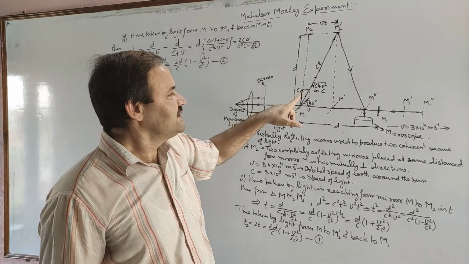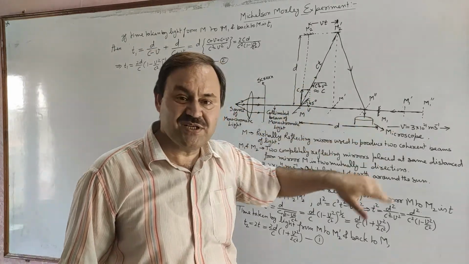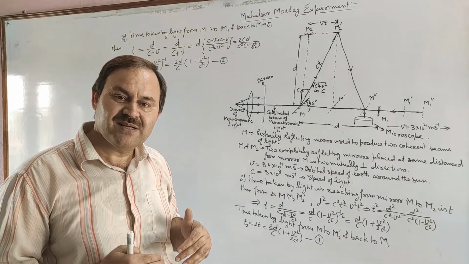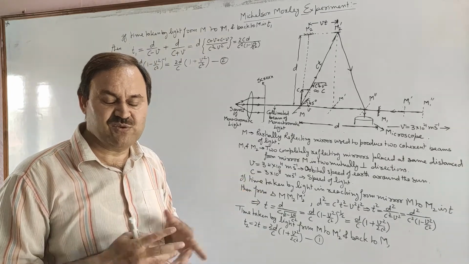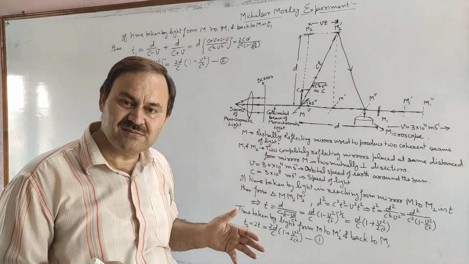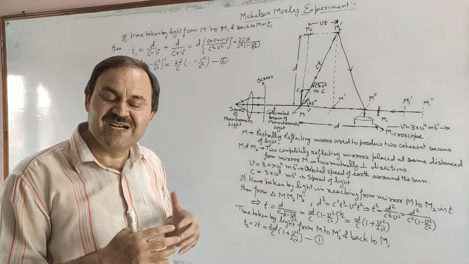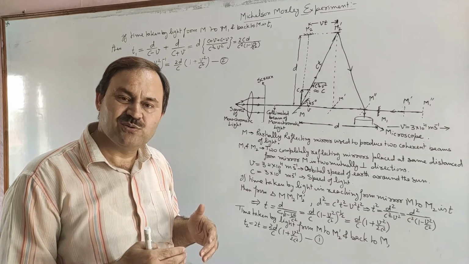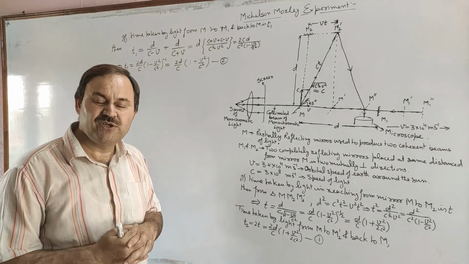In this direction light covers the path with speed c only, while in this direction, due to relative motion between ether and light and also ether and earth, because we had taken the speed of light as well as of earth with respect to ether only, due to the relativity in motion of light with respect to earth, time T1 is found to be different from time T2.